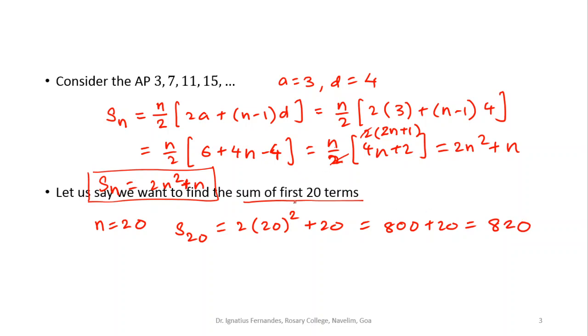Depending on up to what term you want the sum, if you want the first 50 terms, you put n equal to 50; if you want the first 10 terms, you put n equal to 10, and so on. That is how this Sn formula is going to be useful.